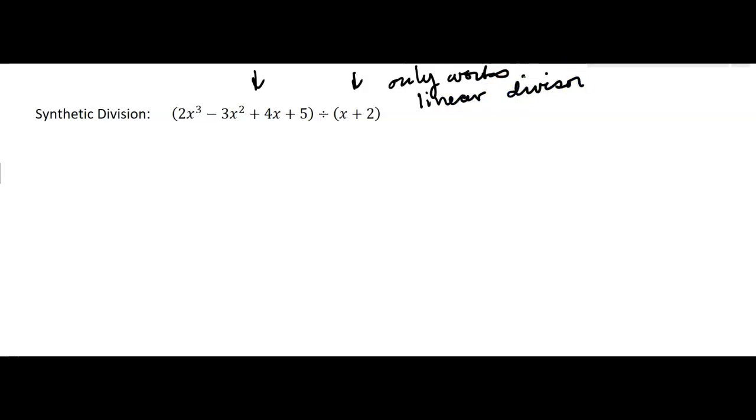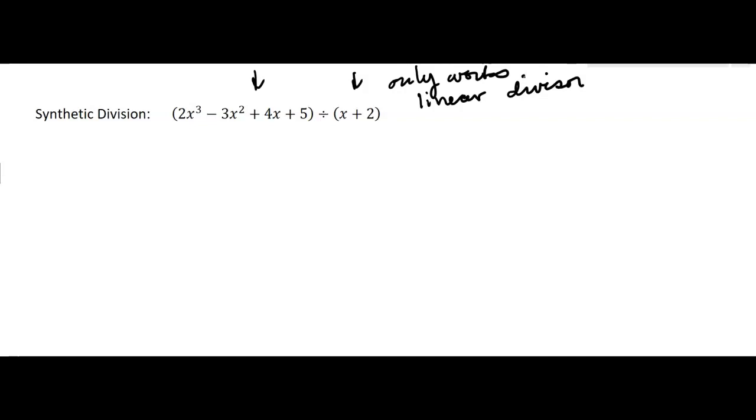So you have to have like x plus or minus something. You can't have x squared as the divisor. Okay, then you're going to have to go to long division. But if you have a linear divisor, then you can use synthetic division. So it doesn't have to do with it being a binomial necessarily. It has to be degree 1. The divisor has to be first degree.